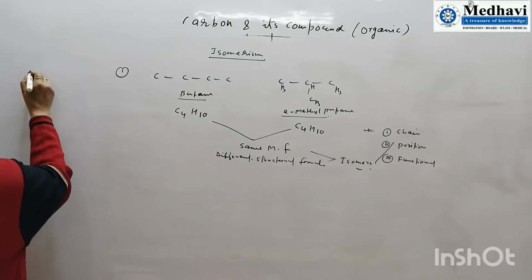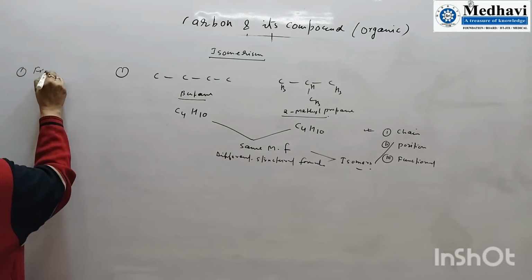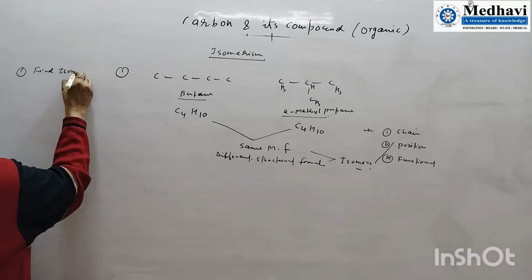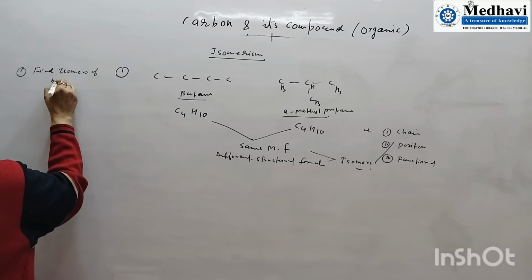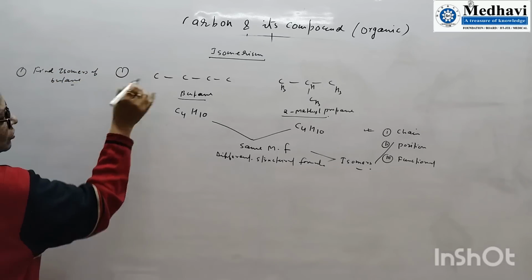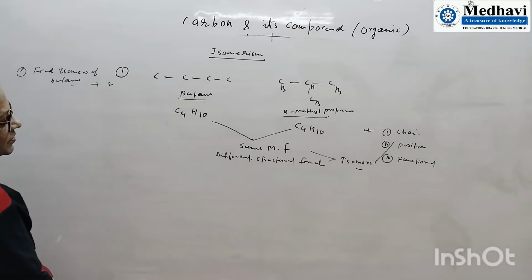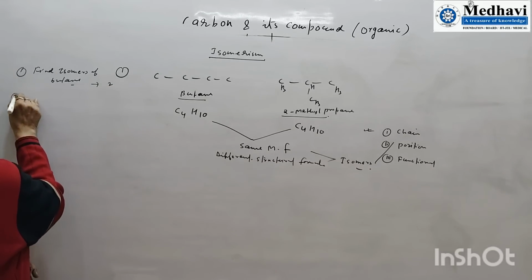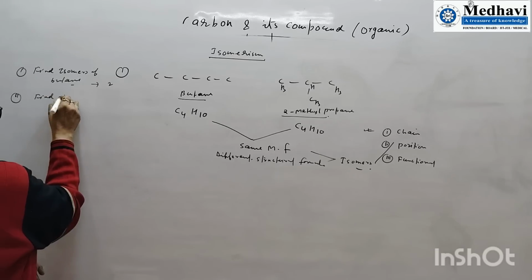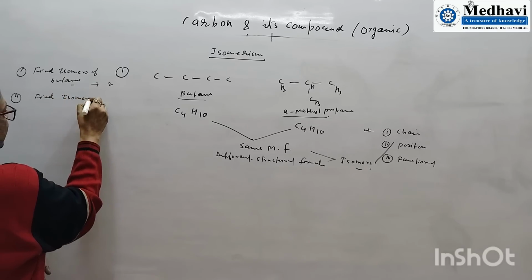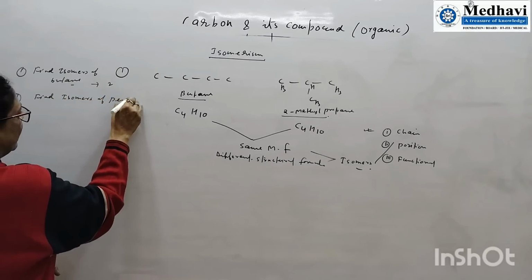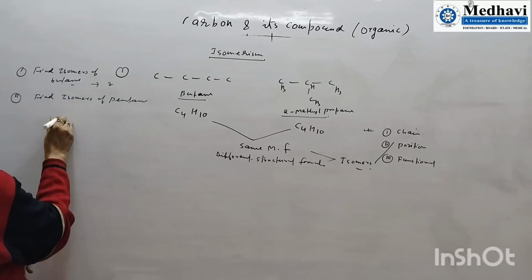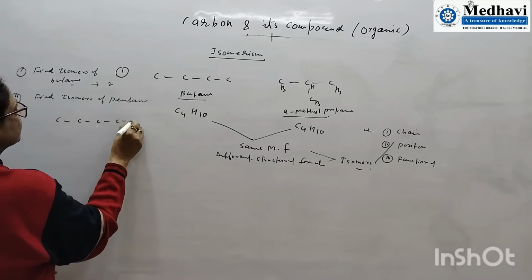For example, the question is find isomers of butane. So butane will have only two isomers. One is butane and second is 2-methylpropane. Second, find isomers of pentane. Pentane has 5 carbons.